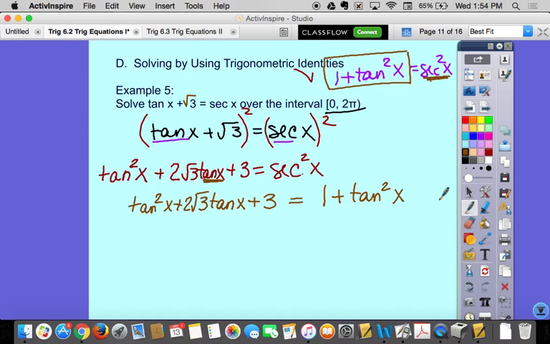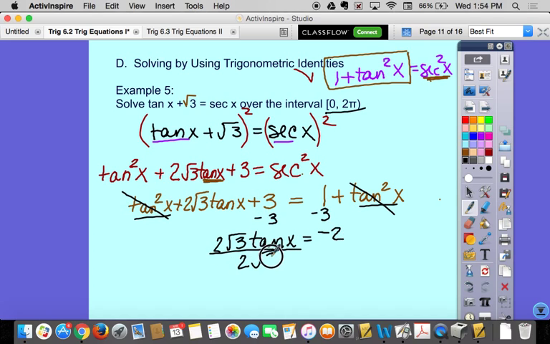Now, from here on out, it's pretty sweet. You're just solving an equation. Do you see that there's a tangent squared on either side? Well, they cancel. Now, if you subtract 3, because that's just a constant term, I have 2 square root of 3 tangent equals negative 2.